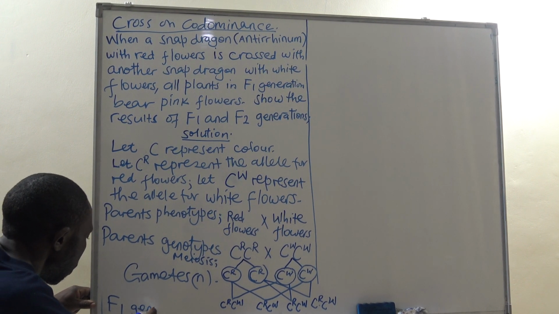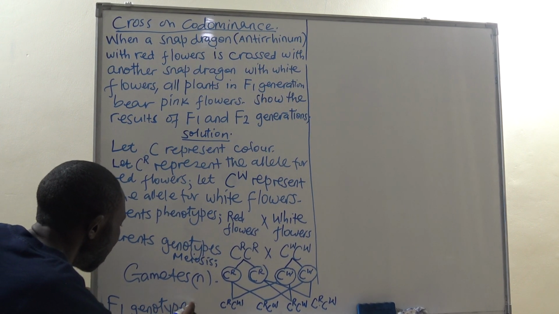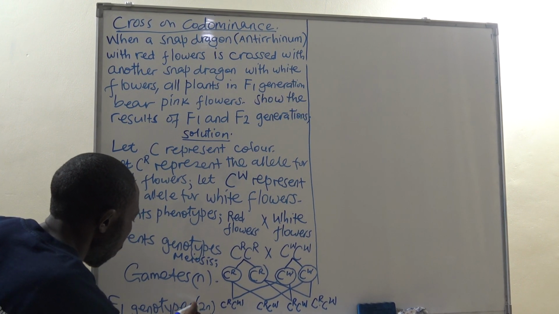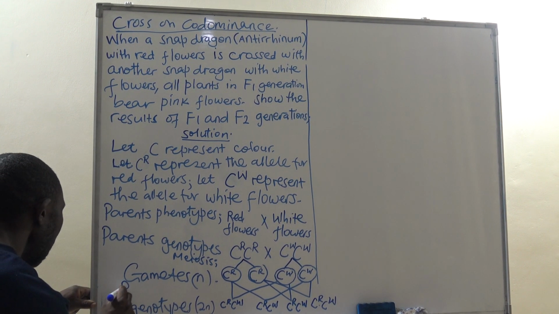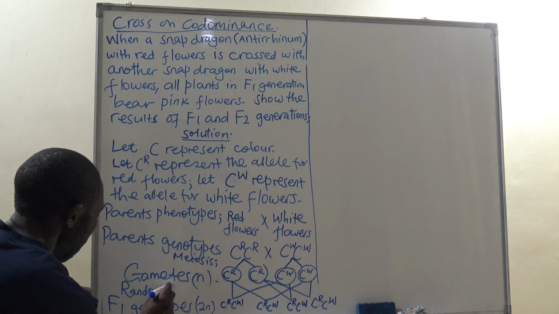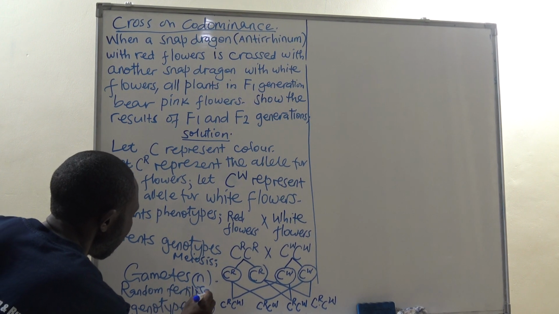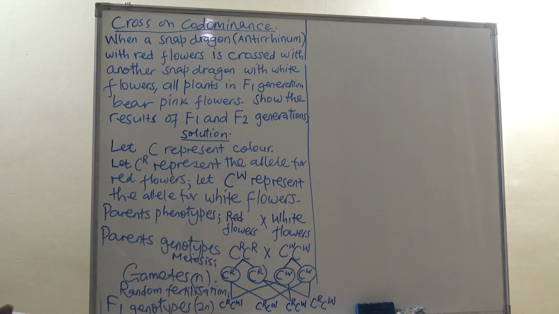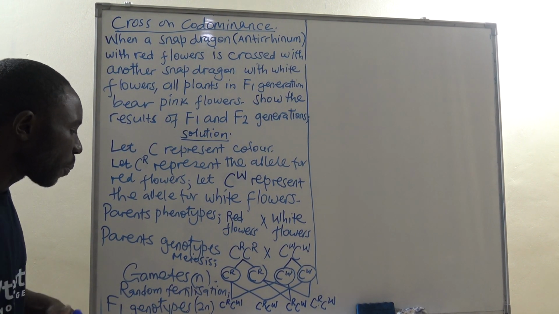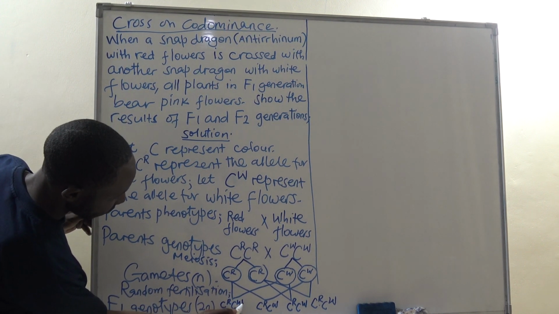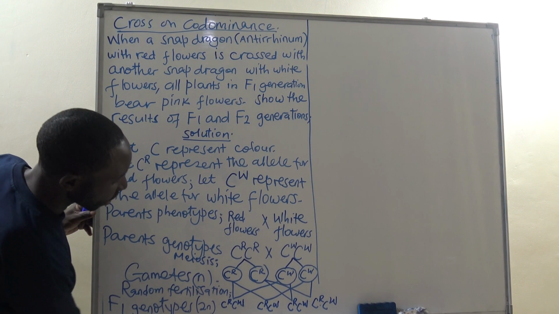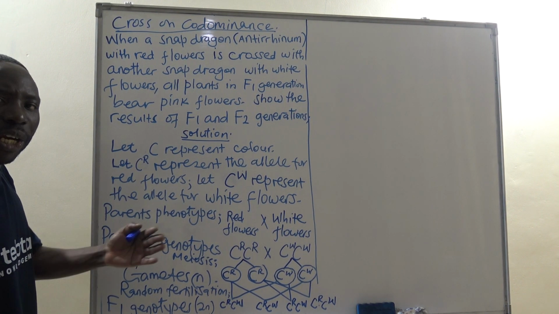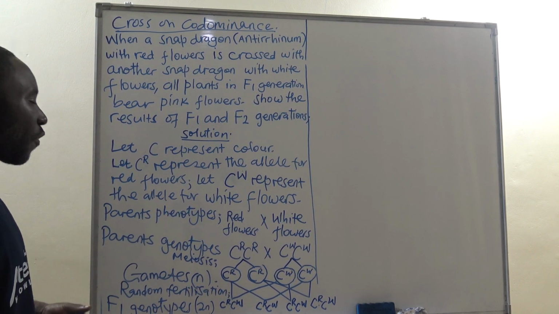F1 genotypes, where the diploid condition, 2n, has been restored. This happens during random fertilization. You can see that every offspring here has genotype C^R C^W, and those offspring bear pink flowers.